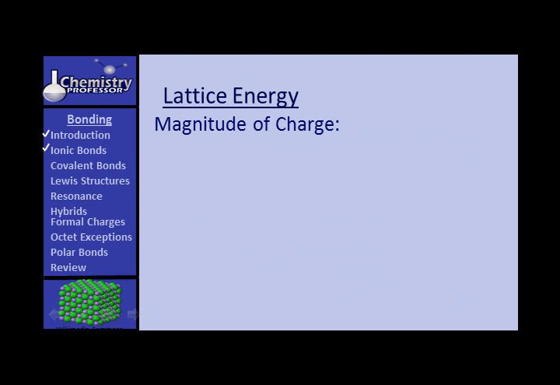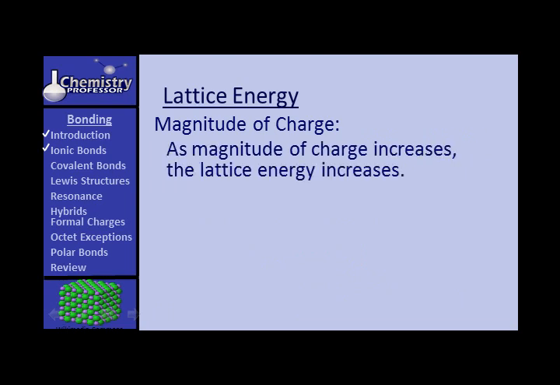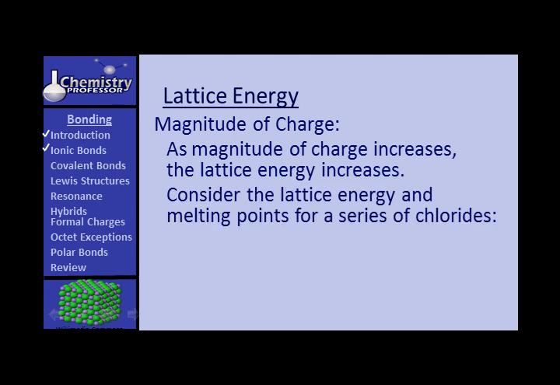Now let's look at magnitude of charge. And I will tell you that as magnitude of charge increases, the lattice energy increases also. So as the magnitude of charge goes, so goes the lattice energy. Let's look at the lattice energy and melting points for a series of chlorides.